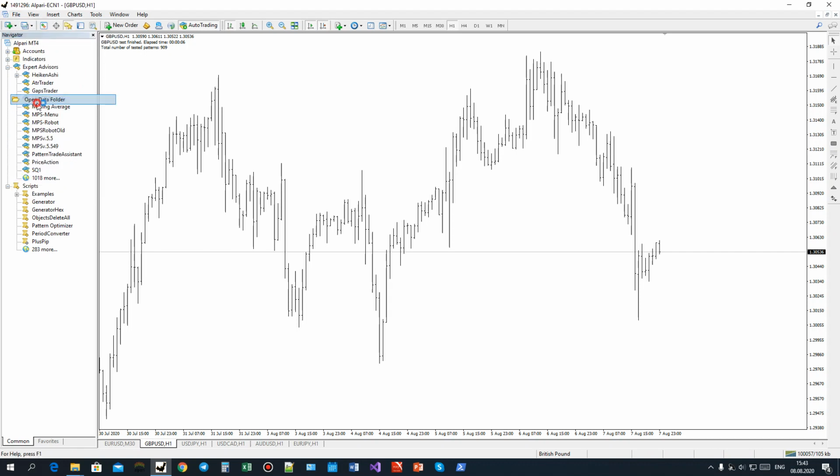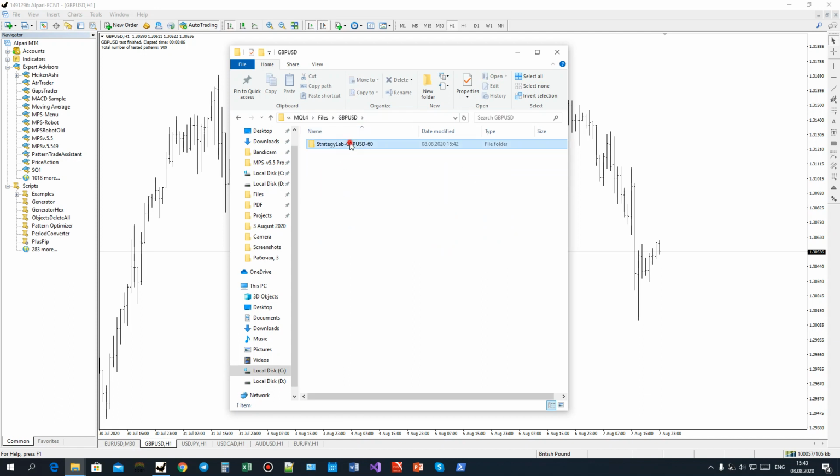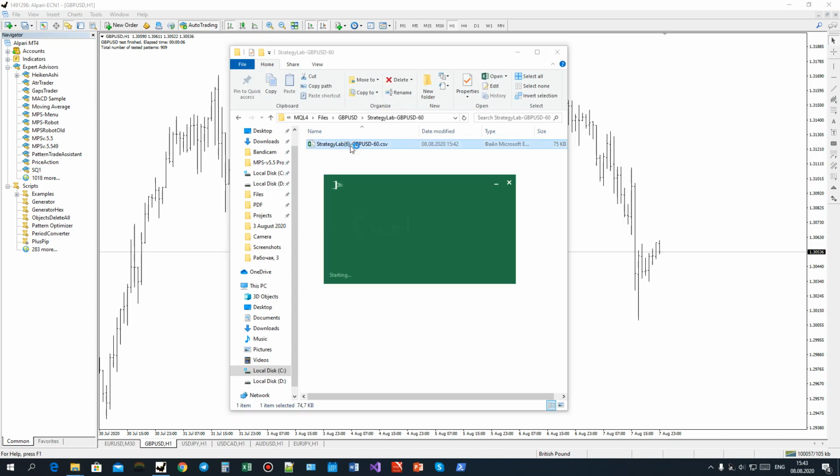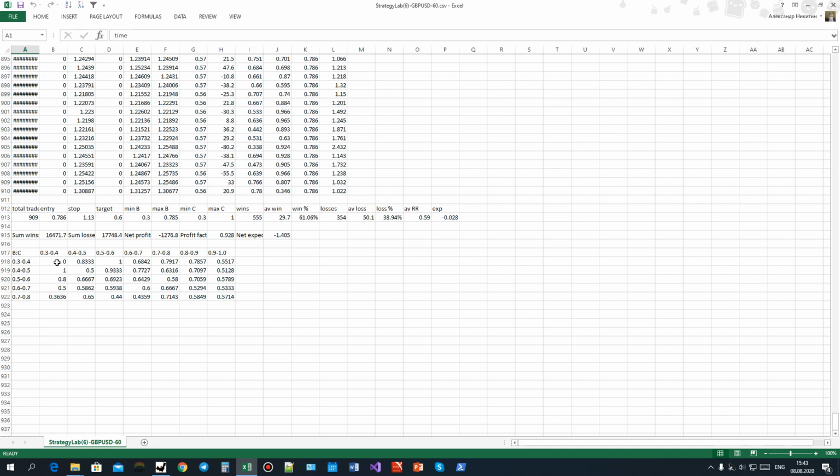So we go to our MQL4 files and we find pound dollar GBP USD strategy lab. Here it is. Go back to results, to the downside, exactly to results.